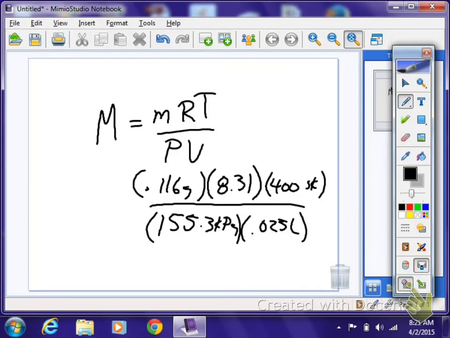So the answer for 279 would be 99.4, right? That's what you got? 99.4 grams per mole. Make sure you write your units in there. All right. So that was number 279, correct?